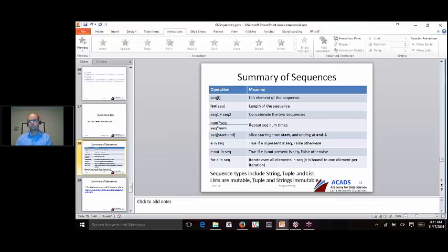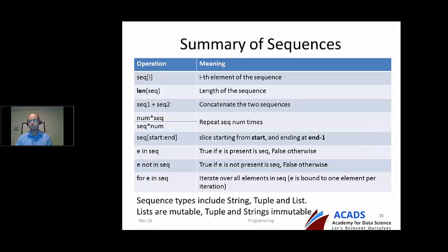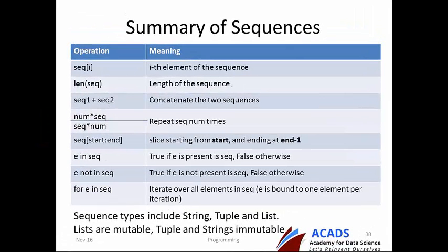Since we are already towards the end of our time, let me just summarize the discussion on sequences. Sequences allow us to do operations on these different types which are very similar in nature.